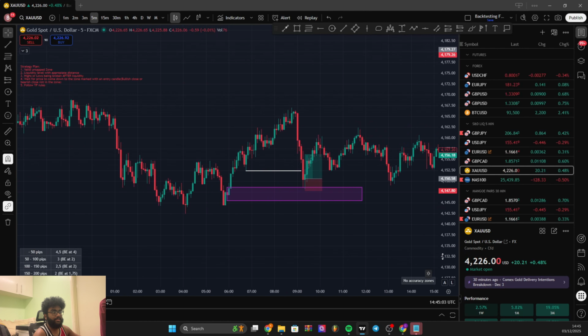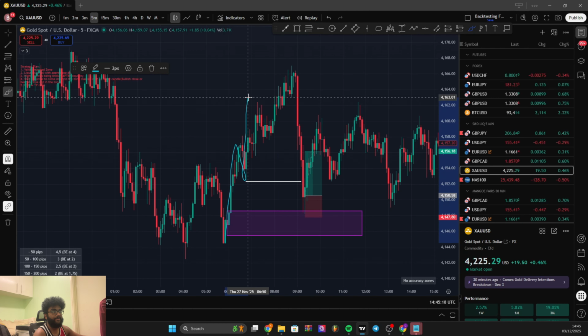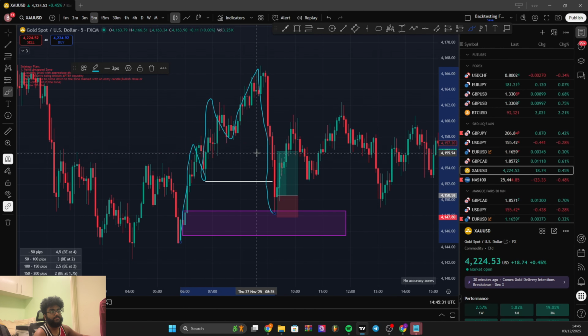We saw price coming down here, giving us a nice demand zone right here. And then price came, created a level of liquidity, broke the structure, still creating another break of structure, and then price coming straight down, which we call a straight line movement to the zone.